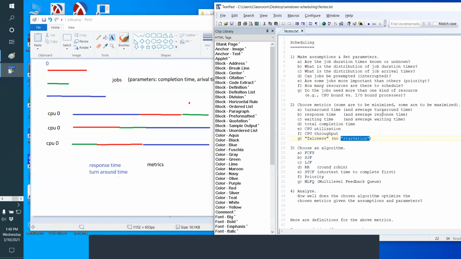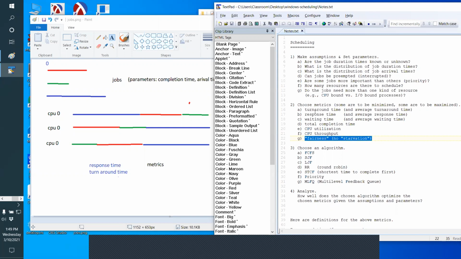Even if half the world has one priority and the other half has the other priority, if you pretty much always have somebody with the higher priority in line, the low priority will get starved. That won't be fair. So if you allow priority, you have to worry about fairness and starvation. You can't let the higher priority monopolize the resource.